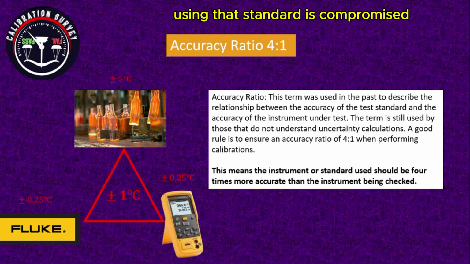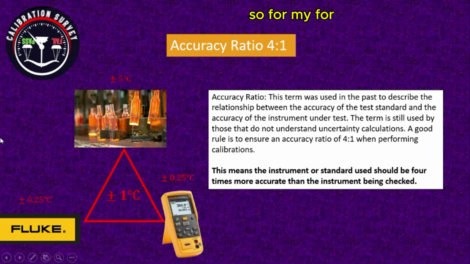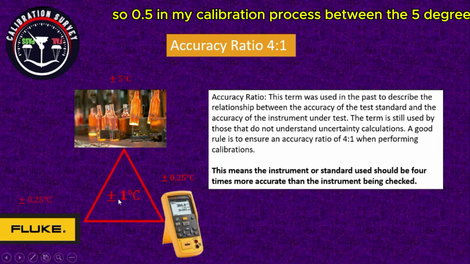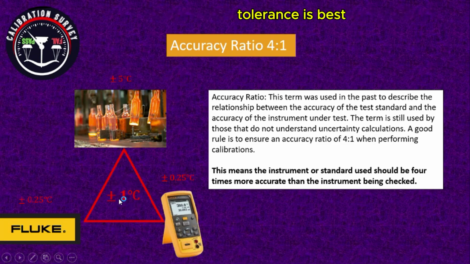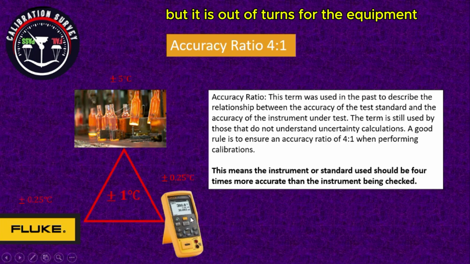that standard is compromised. So for 0.5 in my calibration process between the 5 degree, the process requirement, and the calibration tolerance is passed. Not out of the tolerance, but it is out of tolerance for the equipment.